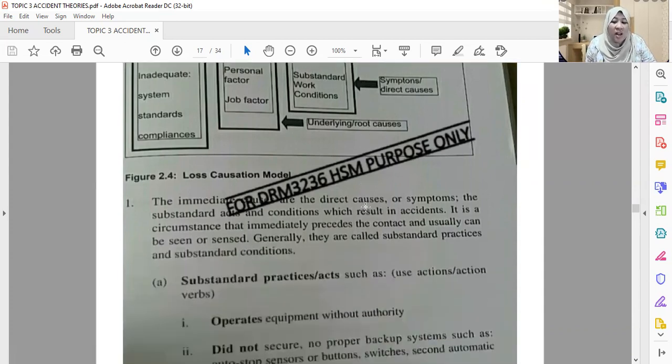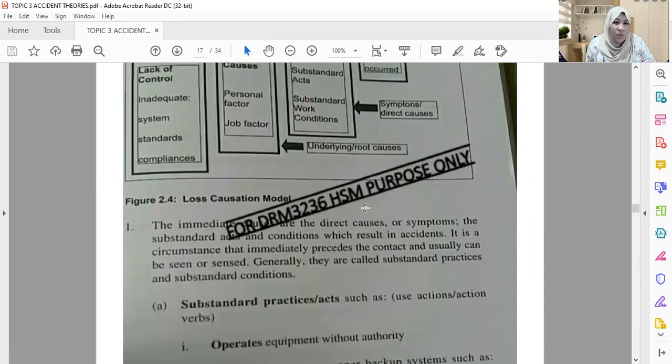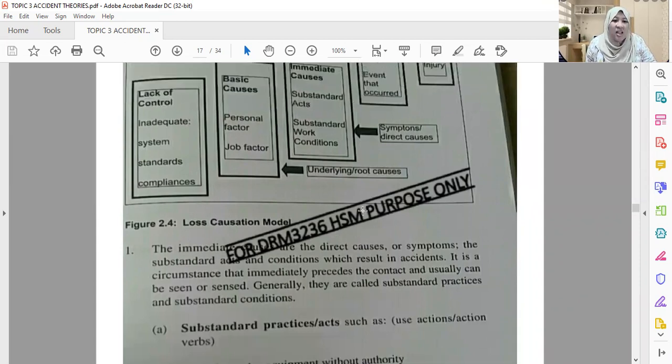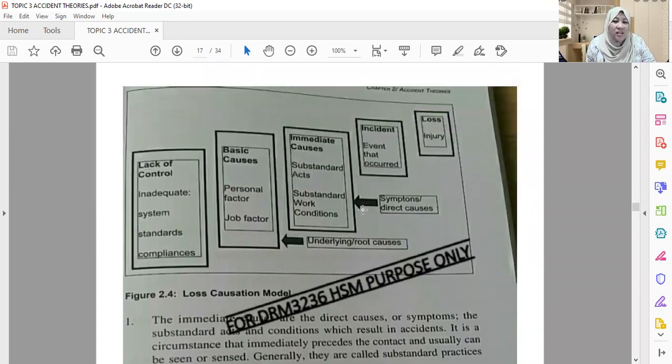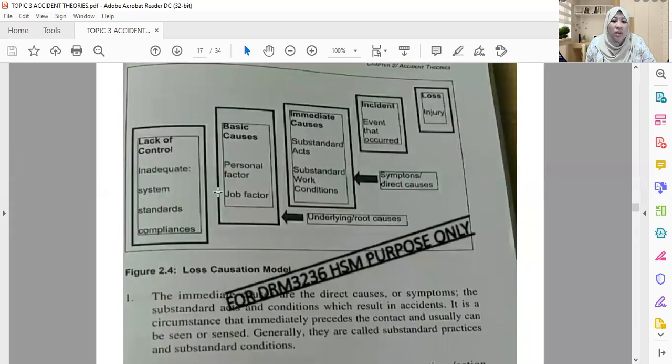All right, let's recheck one by one. We have the lack of control, which is inadequate system, standard, and compliance. Then we have the basic causes, which are the personal factors and the job factors. And then we also have the immediate causes, which are substandard acts and also substandard work conditions.